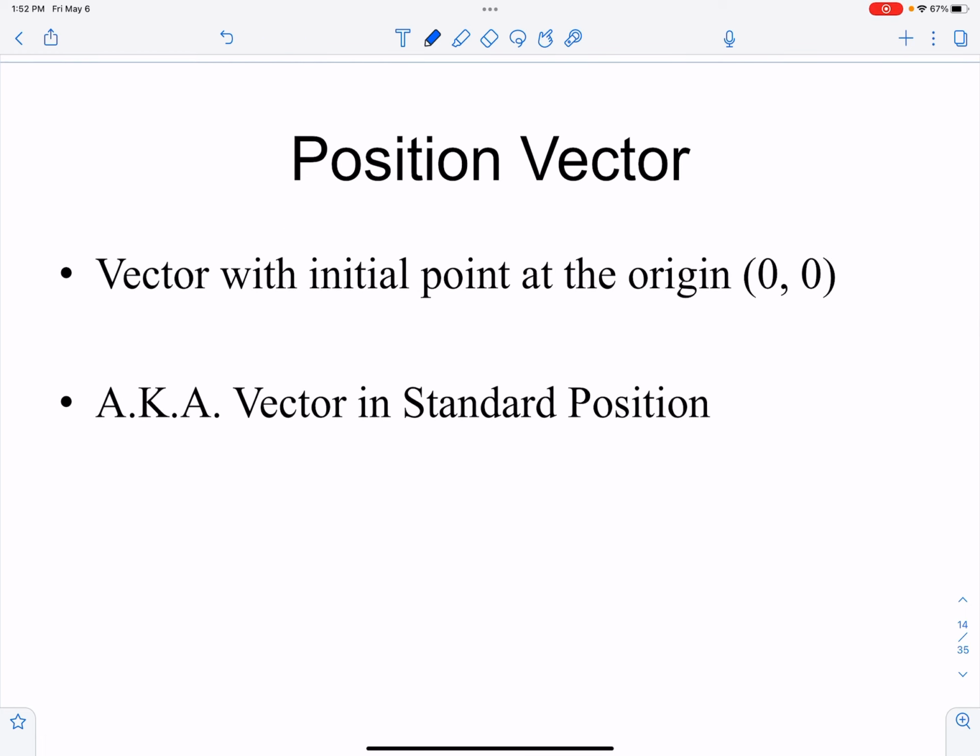So a position vector, we can move vectors around the xy plane, around 2 dimensions. A position vector is a vector whose initial point is at the origin. We refer to this as a vector that is in standard position.